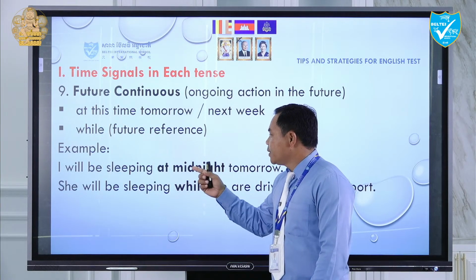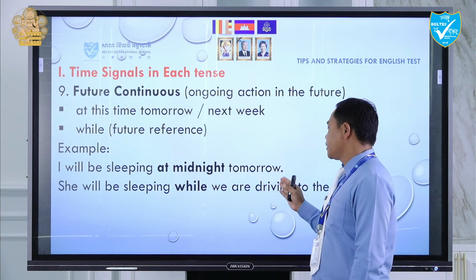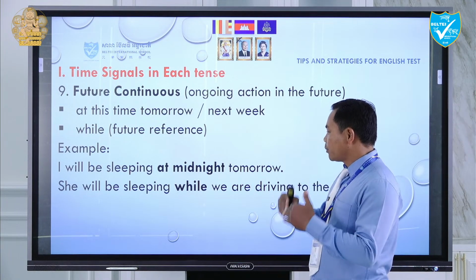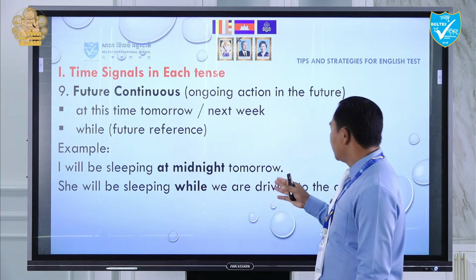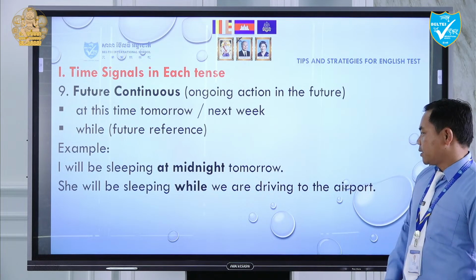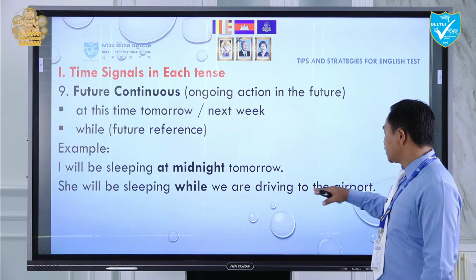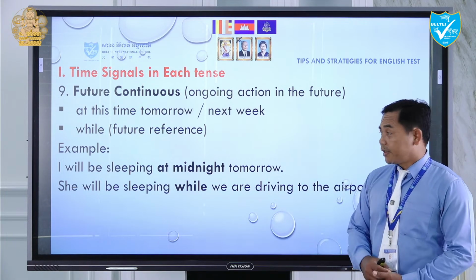Example: I will be sleeping at midnight tomorrow. She will be sleeping while we are driving to the airport. Here, present continuous talks about a future event.